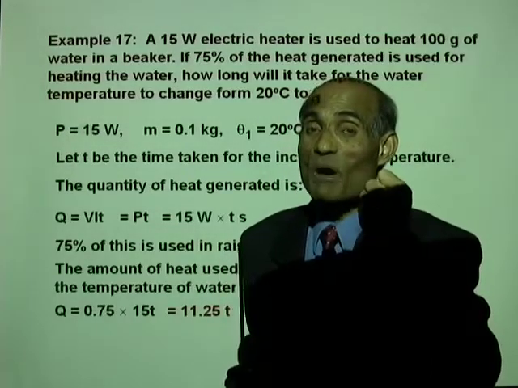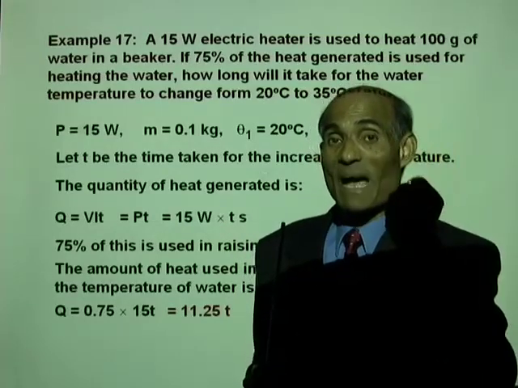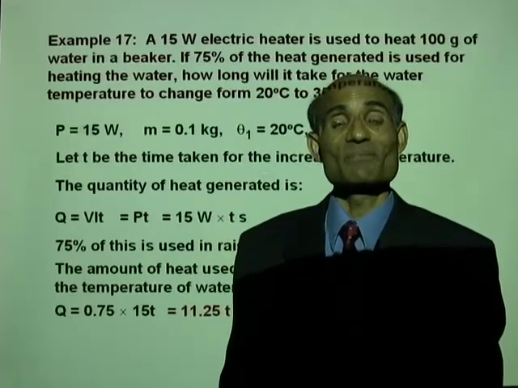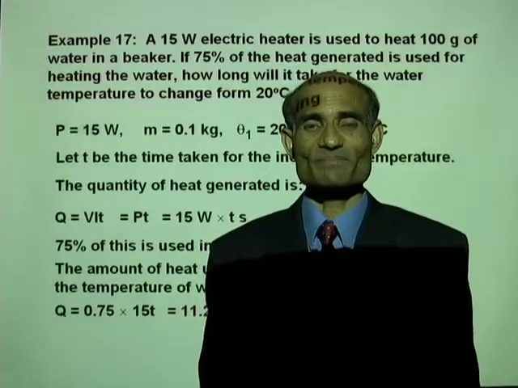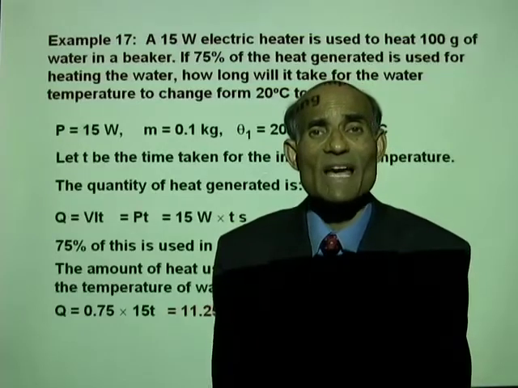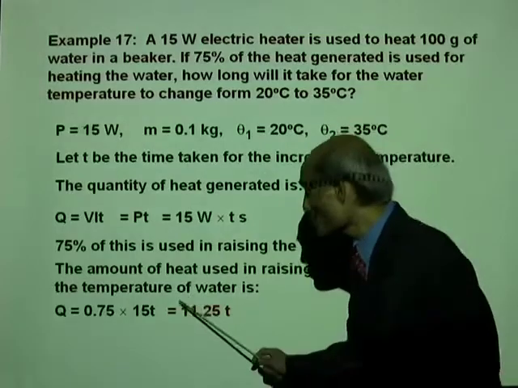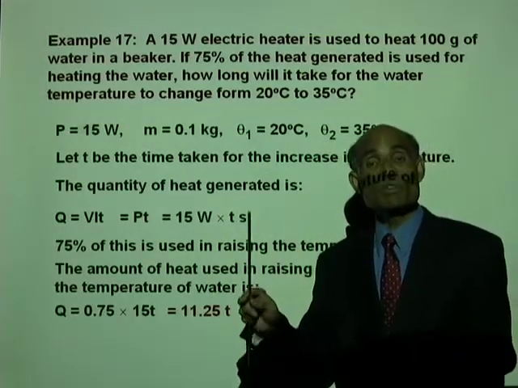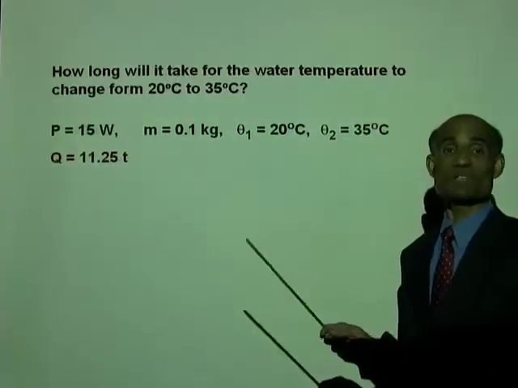That means the amount of heat used by water to increase its temperature is mass times specific heat times change in temperature. Alright, what is the specific heat of water? You remember that one? It's 4,180 joules per kilogram per Kelvin. So this 11.25T must be equal to mass times specific heat times change in temperature.